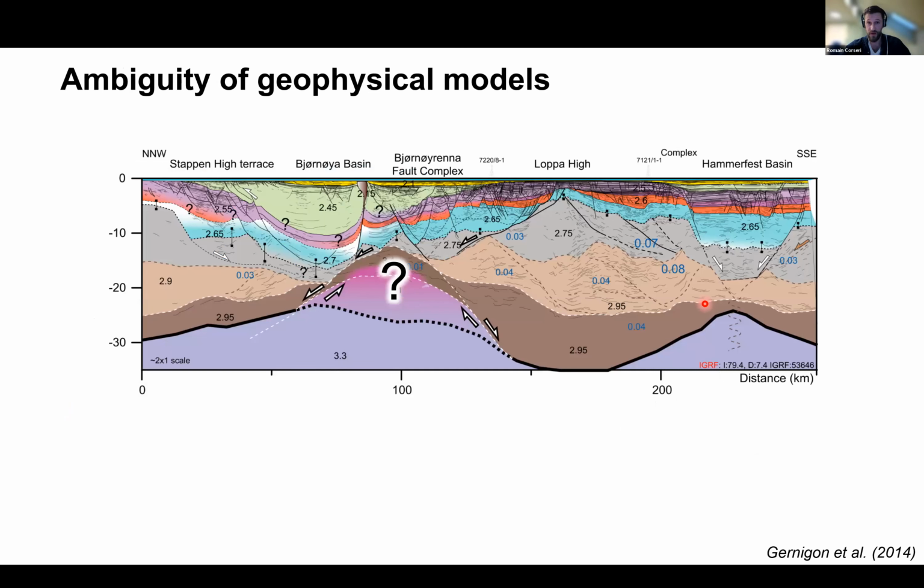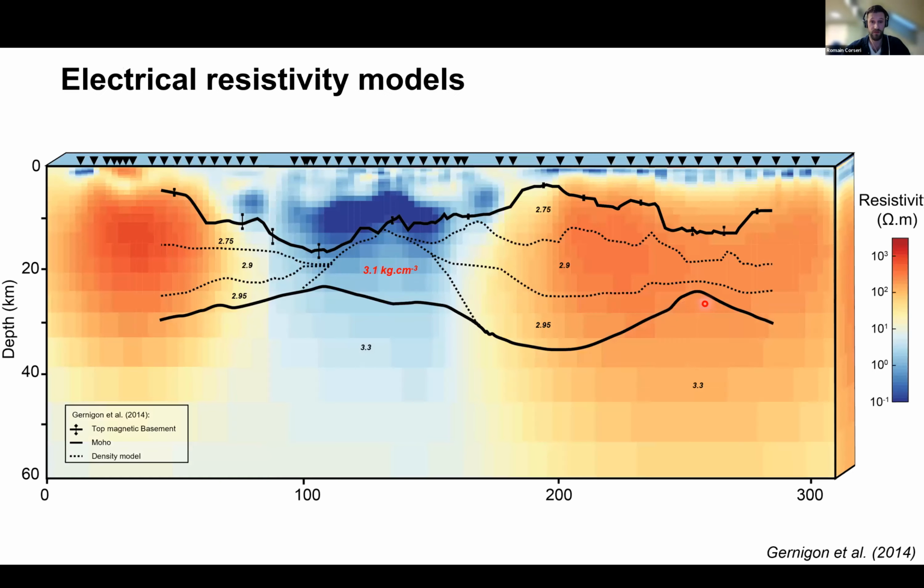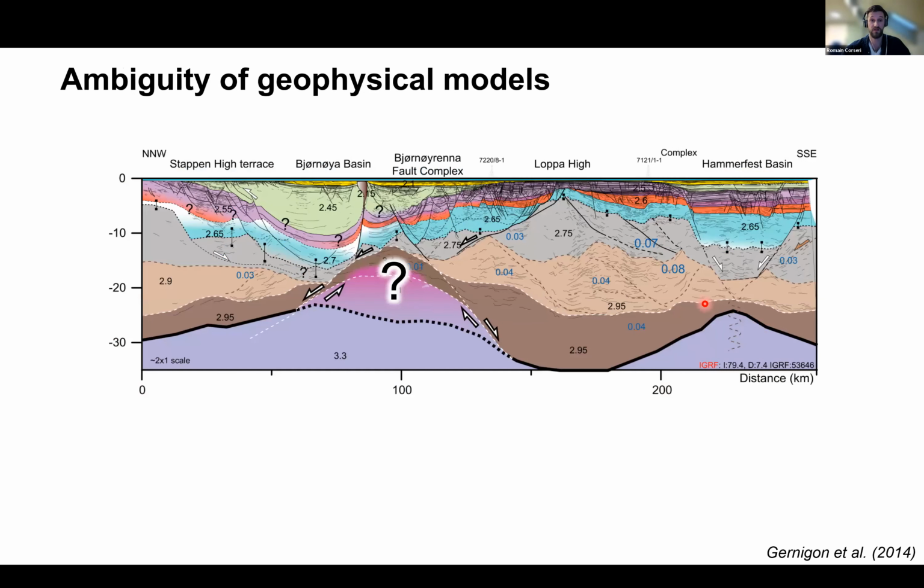So indeed, we think that by using an electrical resistivity model, we can distinguish between lower crust and upper mantle in this type of setting, and decisively interpret the lower crust as a serpentinized altered mantle.